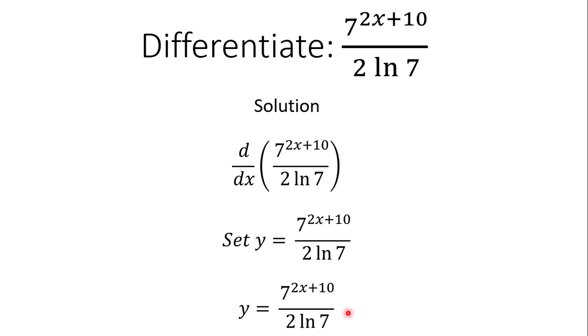So this is what we are going to do. We are going to multiply through by the denominator, which is 2 ln 7. You multiply this one by this, and you multiply the whole of this thing by this also.